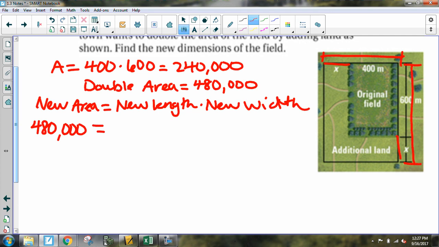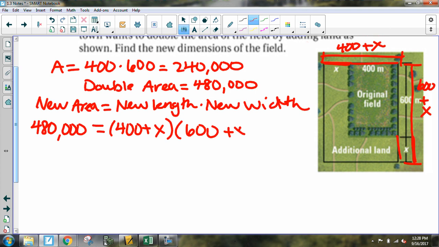Okay? So the expression for this one is 400 plus the additional land. So 400 plus x. And then the other one is 600 plus this part, which is x. So 600 plus x. So our new length is 400 plus x, and our new width is 600 plus x.